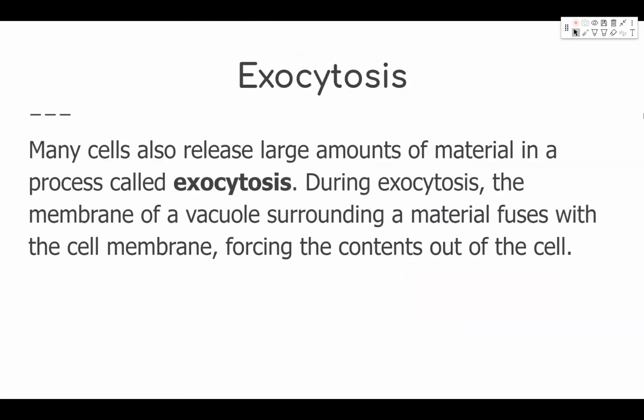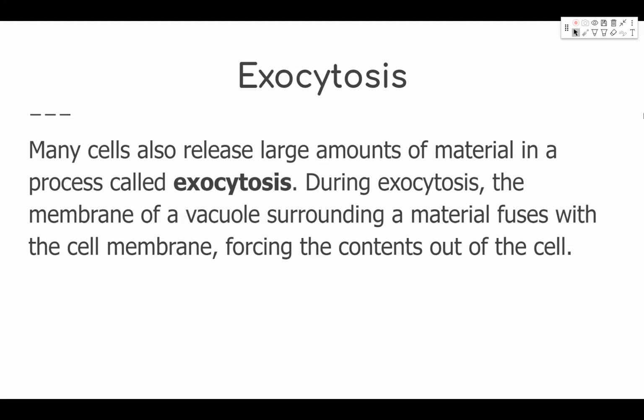This can happen in the reverse direction, and it is called exocytosis. Think exhale. Exocytosis. I do the arm movements because it helps me remember. This is when we release a material. We're spitting out stuff.